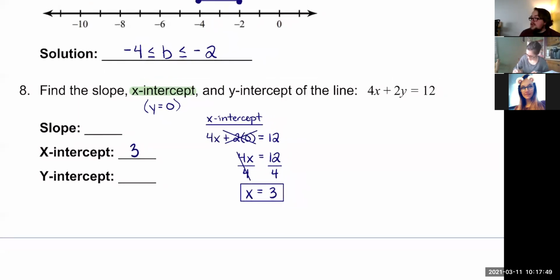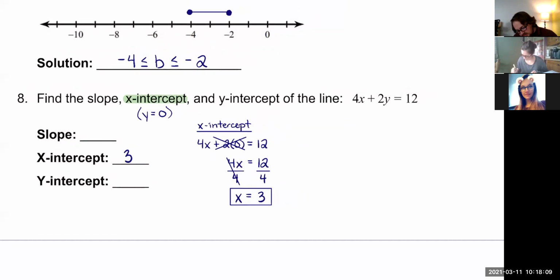Now, technically, you could use a similar trick for the y-intercept, where instead of replacing the y with 0, you could replace the x with 0. But in my opinion, since you still need to find the slope as well, you might as well get slope-intercept form and just knock out both of those at the same time. So to get it in slope-intercept form, what's a big key of slope-intercept form?